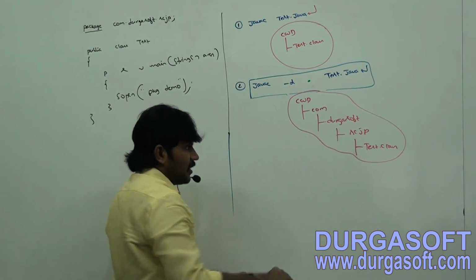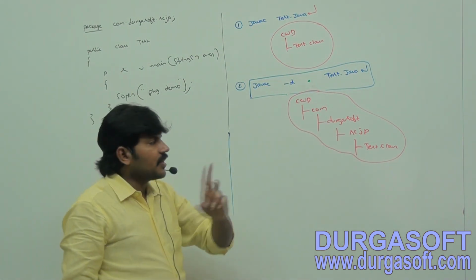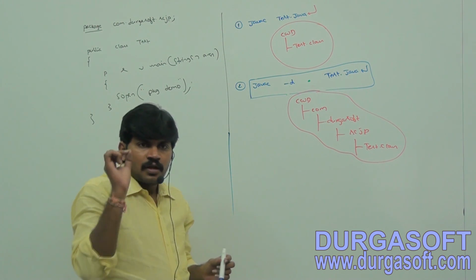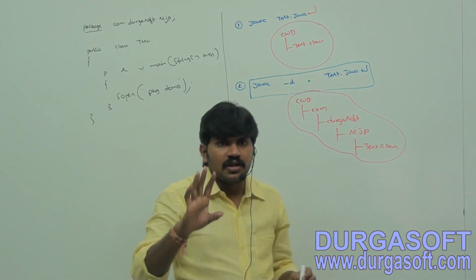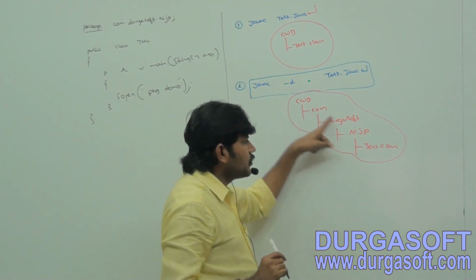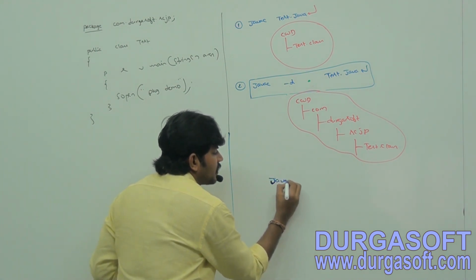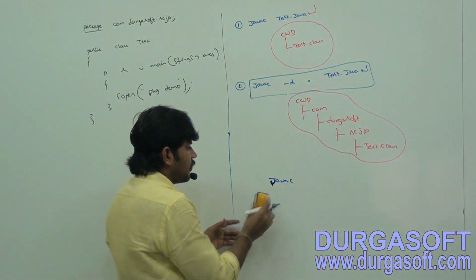Now my target here is to run this. If you want to run, at the time of execution compulsory we have to provide the fully qualified name. Are you getting? Now I want to execute this one.